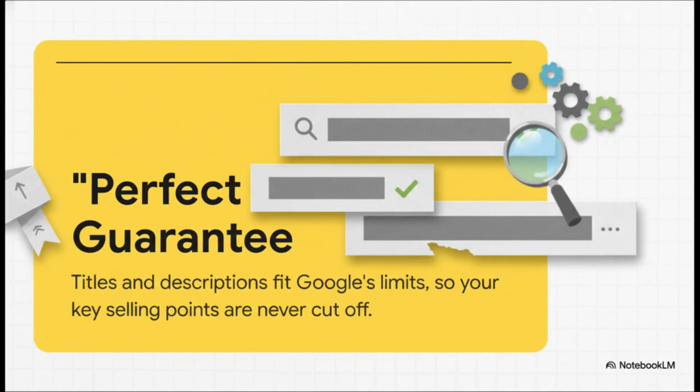Let's dig into one of those features for a sec, the perfect fit guarantee. This is so important. You know when you search for something and Google just cuts off the end of the sentence with a dot dot dot? It's so frustrating, and it always seems to cut off the most important part. Well, this makes sure that never happens. Your whole message gets through every single time.